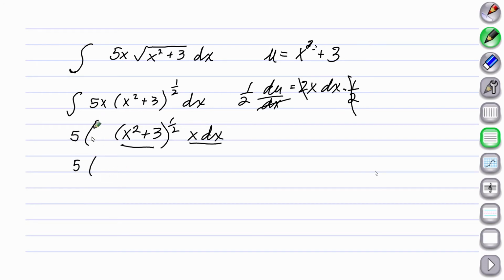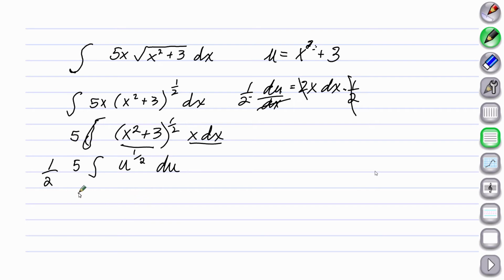This should have been an integral. Okay, I'm going to put the u in here first, u to the half power. And then for the x dx, I'm going to multiply this by 1/2. See, here's my 1/2, and put my du over here.